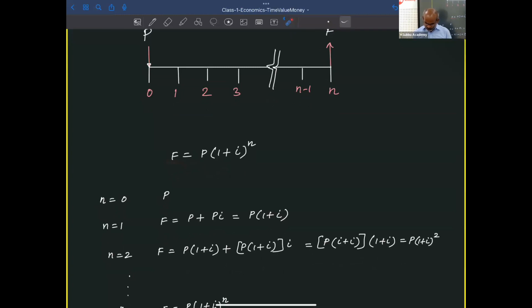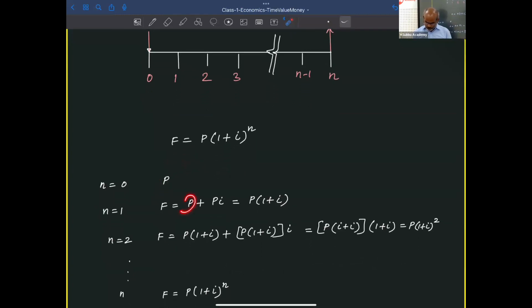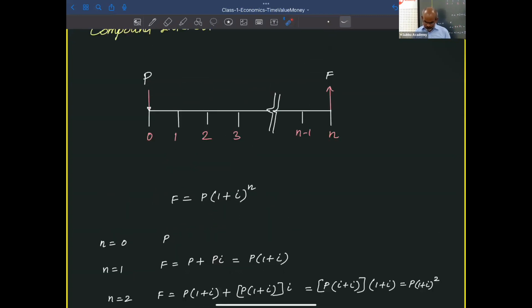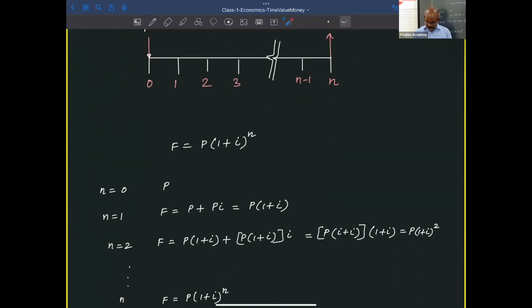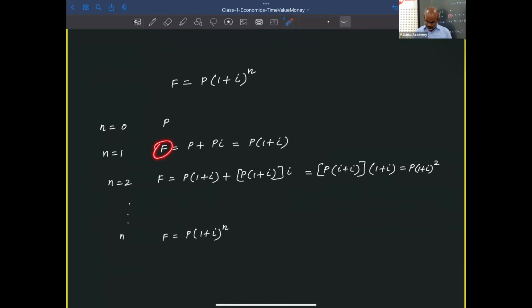Initially you have P, and to the P we are adding interest, which is P into I. Of course, this is very similar to what you got for the first year with the simple interest. For the second year, what happens? The present value of the money is now P into 1 plus I. To that value, we are adding an interest, which is this amount multiplied by the interest rate.